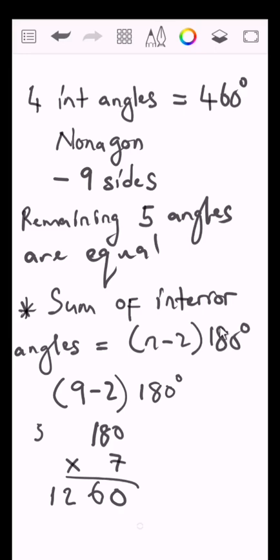Now let us clear the space to see what to do. We know that the sum of interior angles of a nonagon is equal to 1260 degrees.